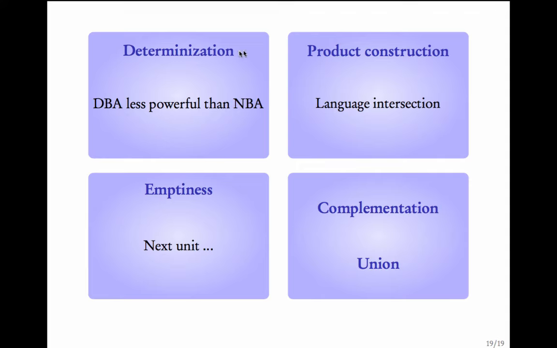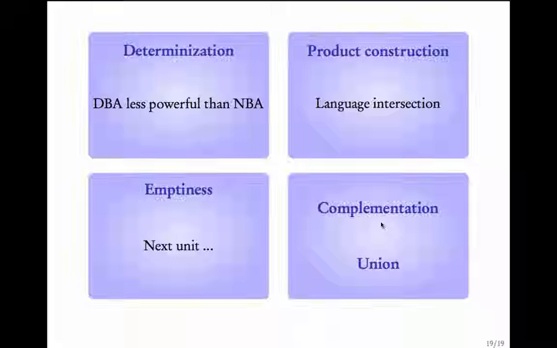We have seen four important concepts: determinization, product, complementation, union. Things are different from the finite case. DBA are less powerful than NBA, and for doing this product construction we had to add extra flags.